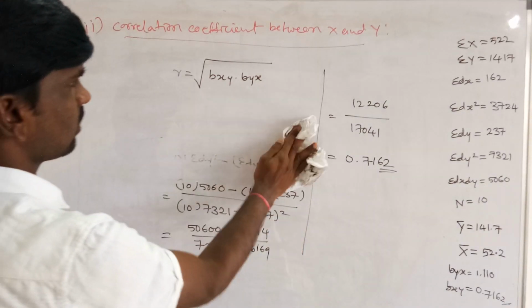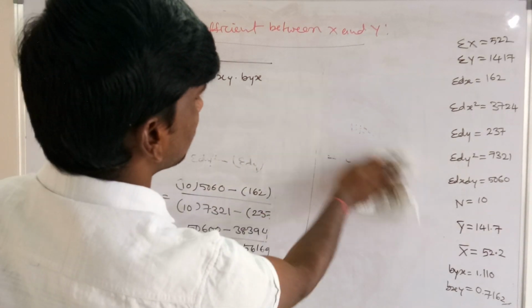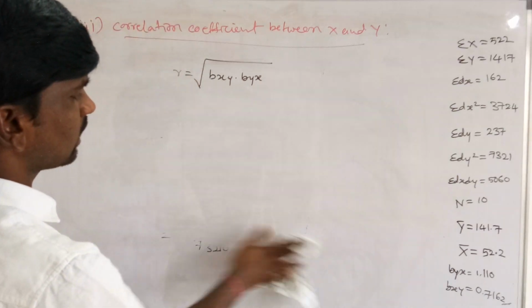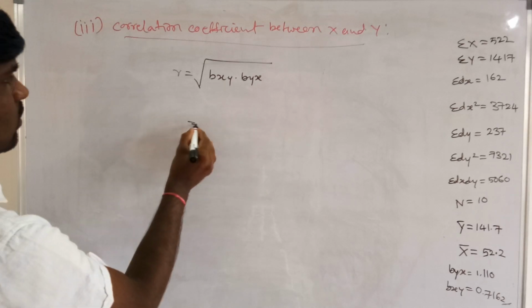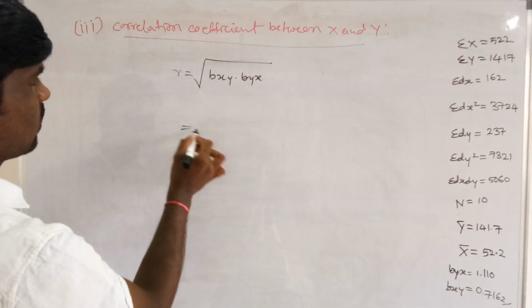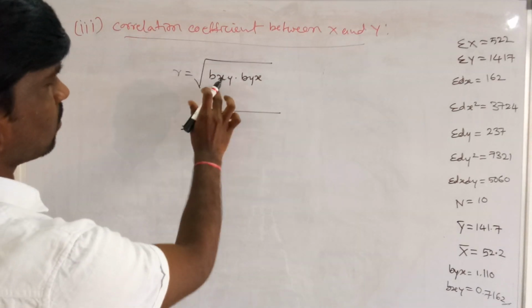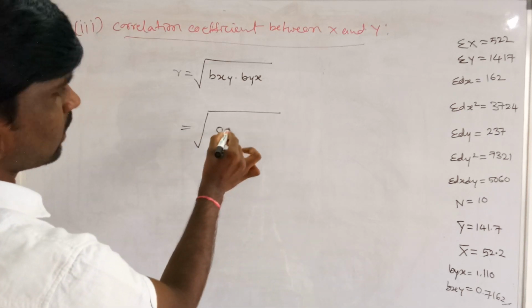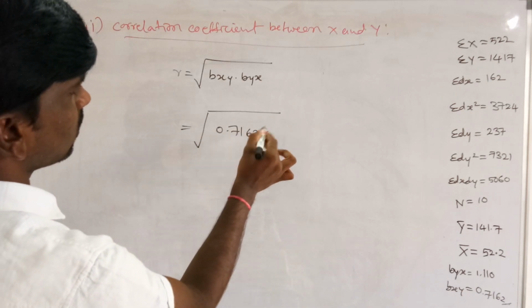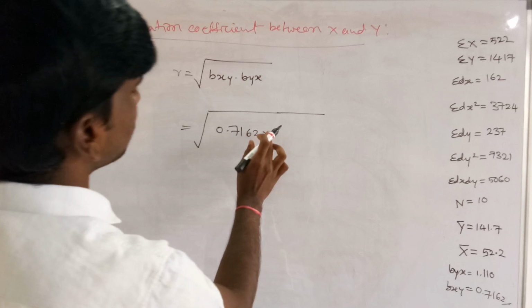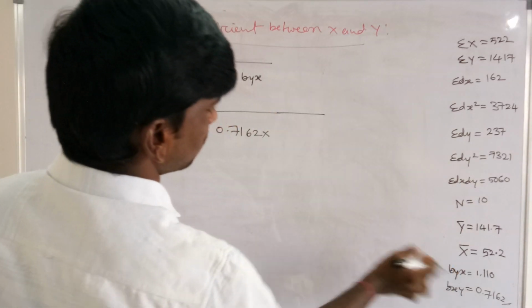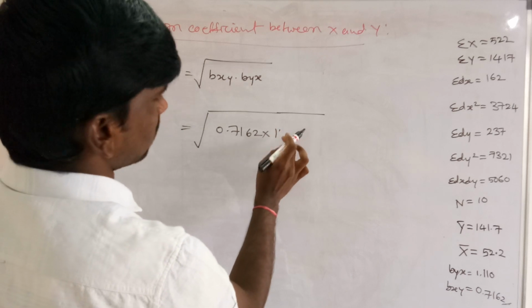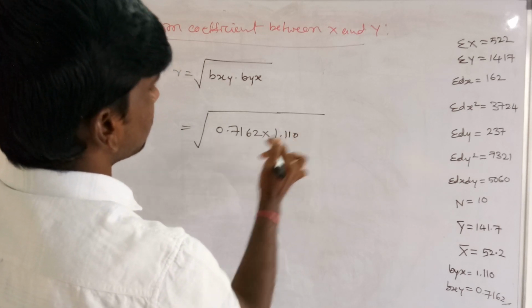So from these two values we have to calculate the correlation between x and y, which is equal to under root bxy, 0.7162, into byx, 1.110.